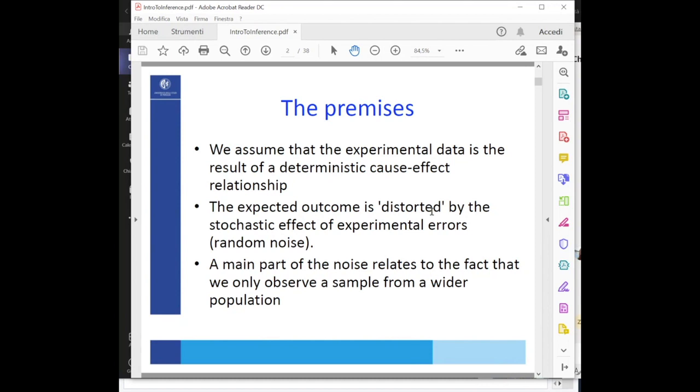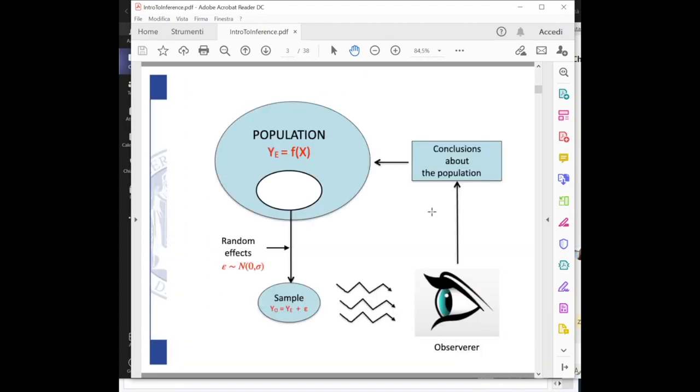And this is the process called inference. I look at the sample and I try to reach conclusions about the population. This is my task. I have prepared this graph here, which summarizes the process.